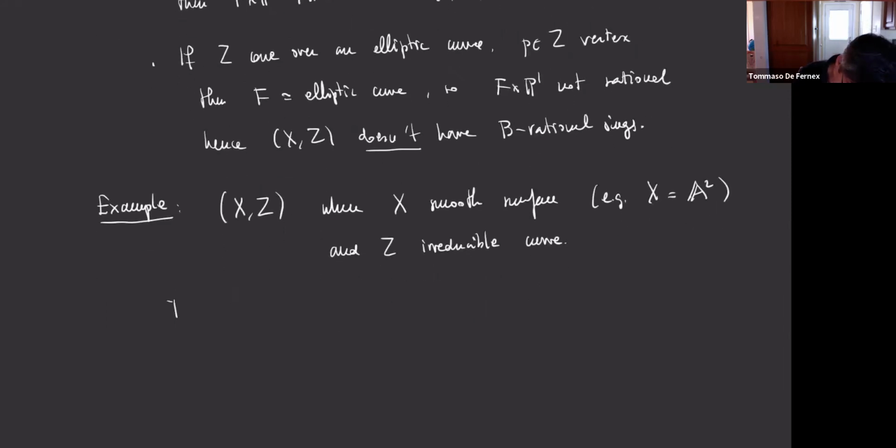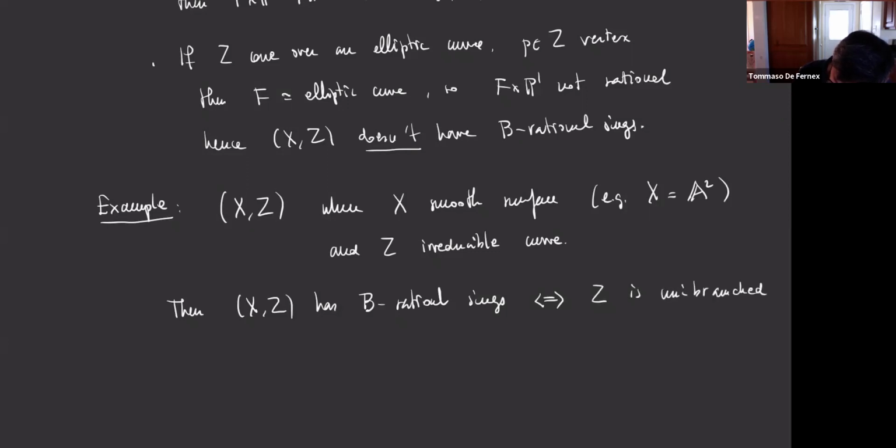Then the assertion here is that the pair XZ has rational singularities if and only if the curve Z is unibranched at its singular points.